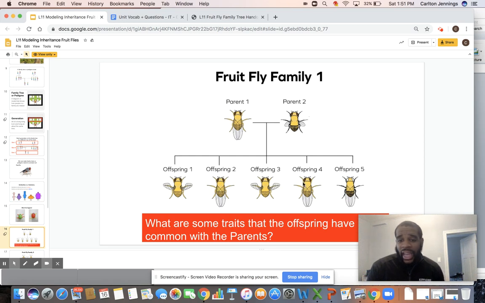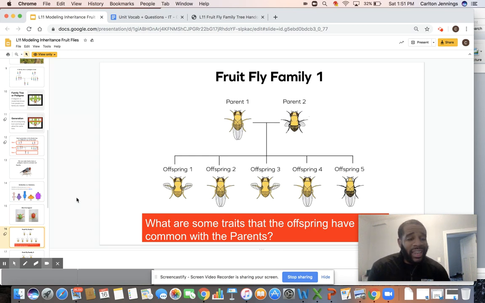Offspring three cannot. Offspring four can, and offspring five cannot because it has those white eyes, and neither mom nor dad has those. So is this model correct? No, because the offspring does not have the similar traits that mom and dad have.